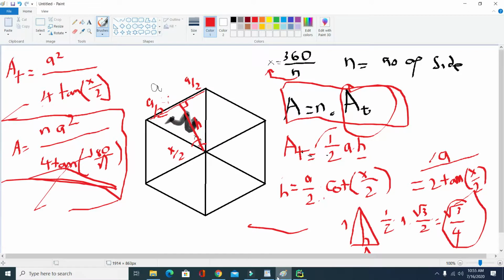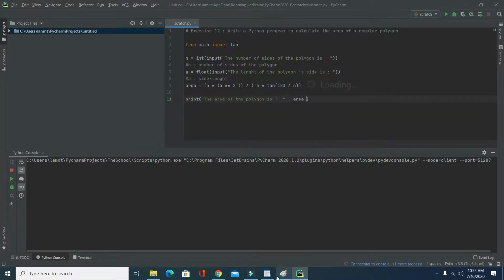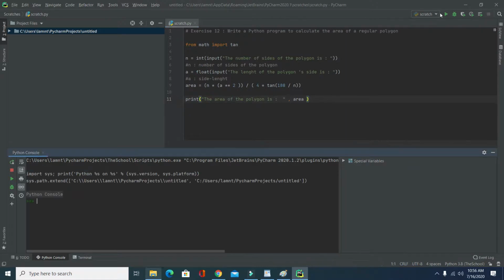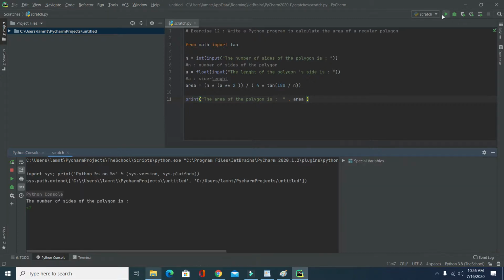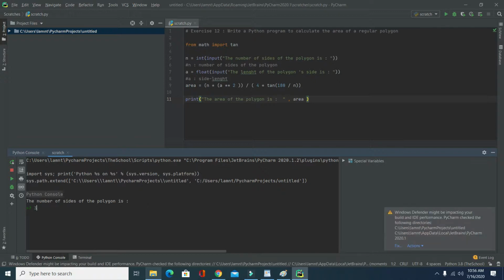If I made a mistake, please comment down below to let me know, and I'm going to fix it. So yeah, the code works, and you can just enter the number of sides of the polygon, 3, and then you can calculate anything.